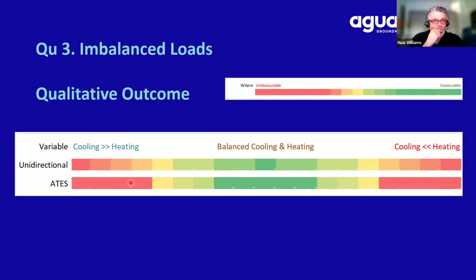But when we're within an acceptable zone of aquathermal energy storage, the Goldilocks zone is probably likely to be bigger. We can get more savings, more advantage with the aquathermal energy storage system than a unidirectional, but not always.